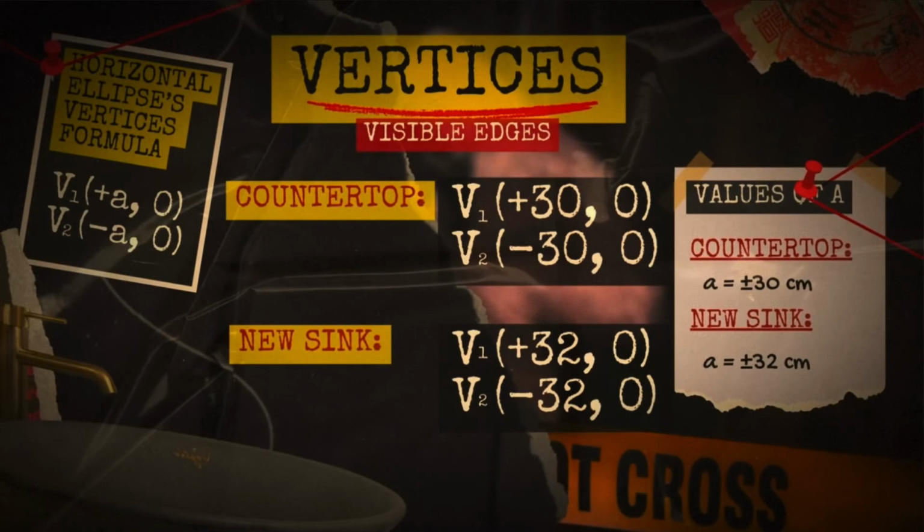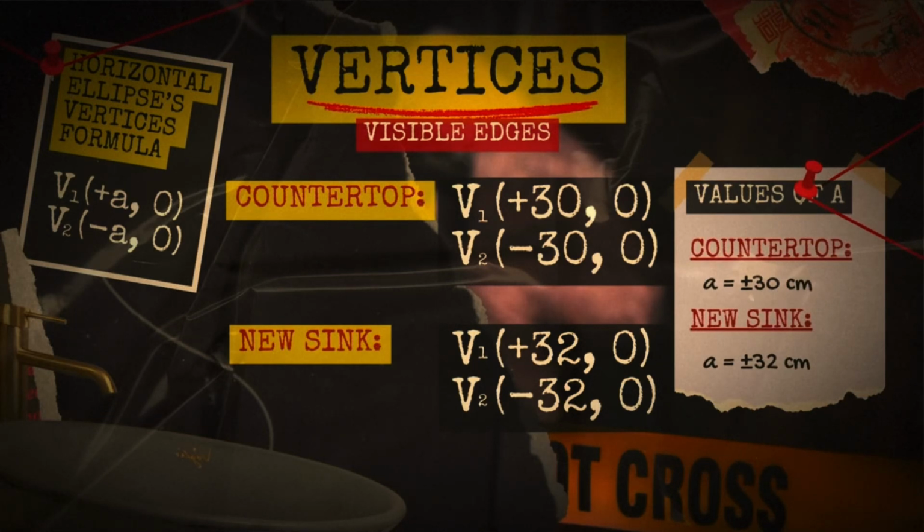Let's continue. In solving for the vertices of a horizontal ellipse, we follow the ordered pair positive-negative a, and 0. So far, we have already determined the values of a of both ellipses. The countertop has positive-negative 30, and the new sink has a value of a of positive-negative 32 centimeters.